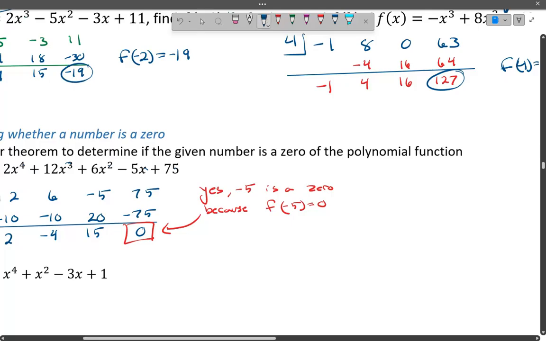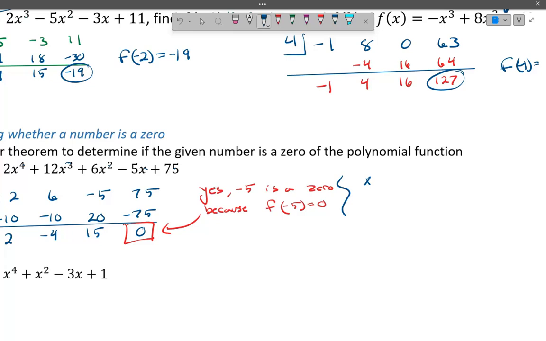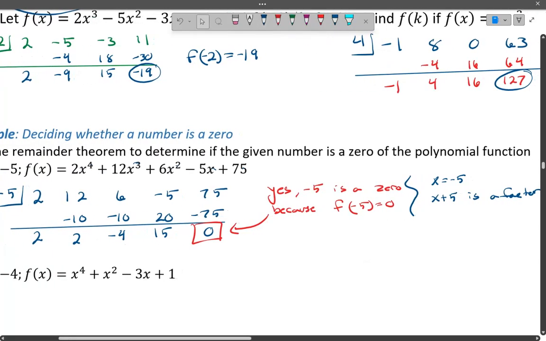Now, conversely, this also means that if x equals negative 5 is a 0, if I were to set this equal to 0 and undo our zero factor property, that means that x plus 5 is a factor. And what we've done is we've actually factored this polynomial.